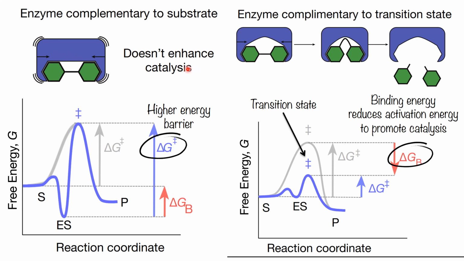So it doesn't enhance the catalysis, because this enzyme-substrate complex is so stable that it has to gain a high amount of energy to cross the barrier to reach the transition state. So again there is the delta G double dagger which has to be gained, so definitely the catalysis is not going to happen.